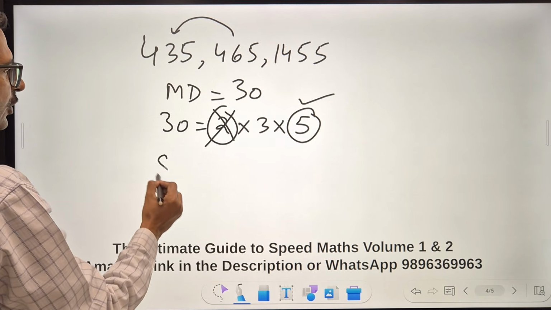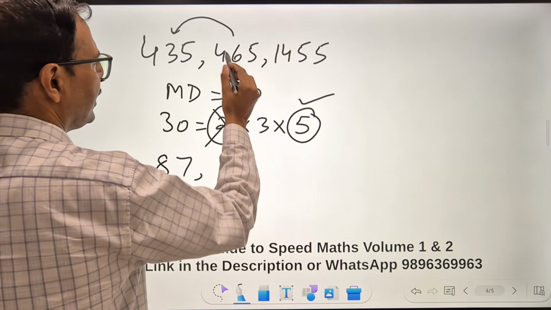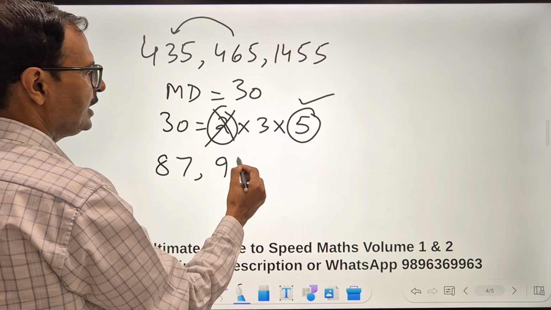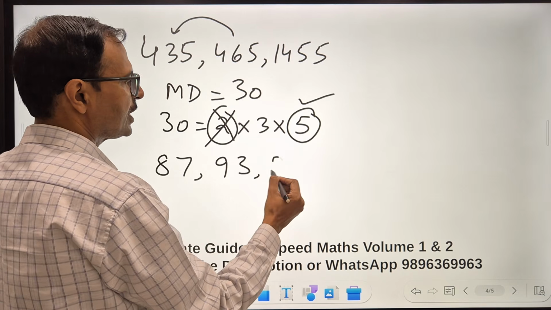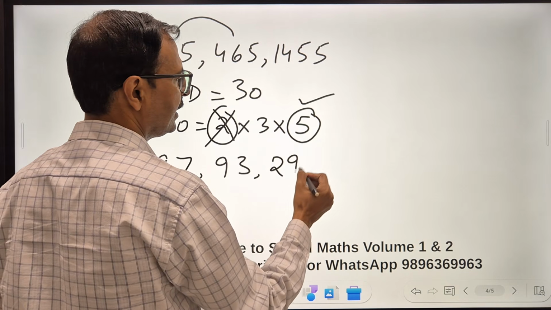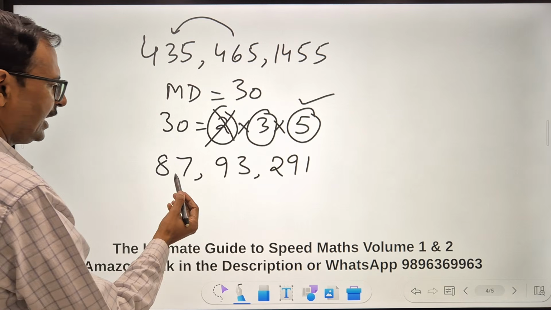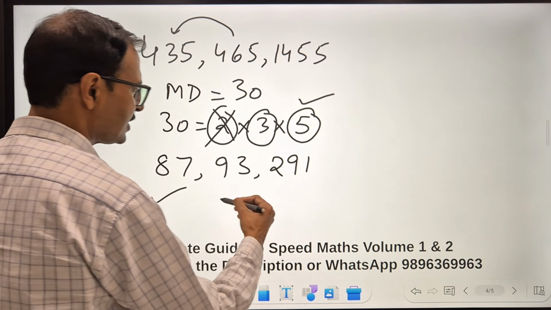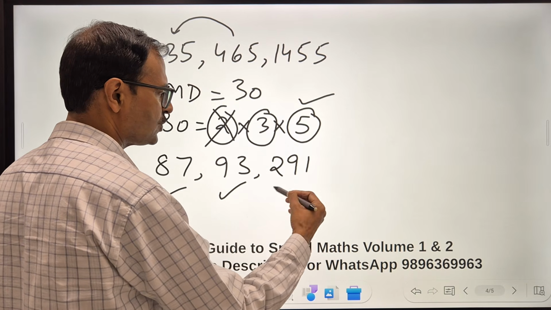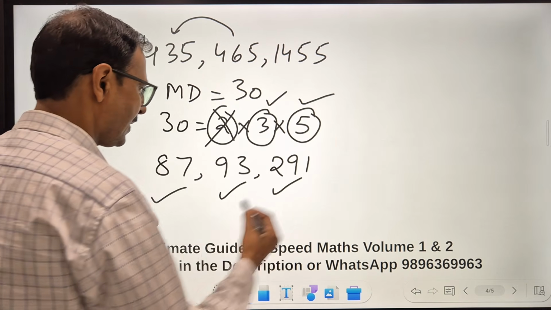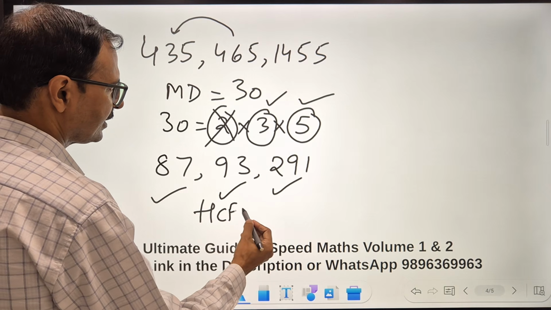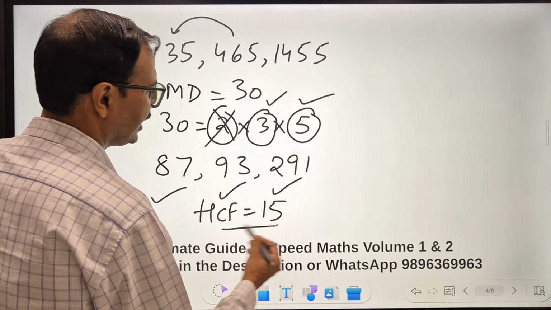So 5 8s are 40 and 7. 5 9s are 45 and 3. 5 2s are 10. 45 means 9 and a 1, right? And now I have to check this 3. 8 plus 7 is 15, yes. 9 plus 3 is 12, yes. 9 plus 2 plus 1 is 12, yes. So yes, and the highest common factor is 3 times 5, which is 15.